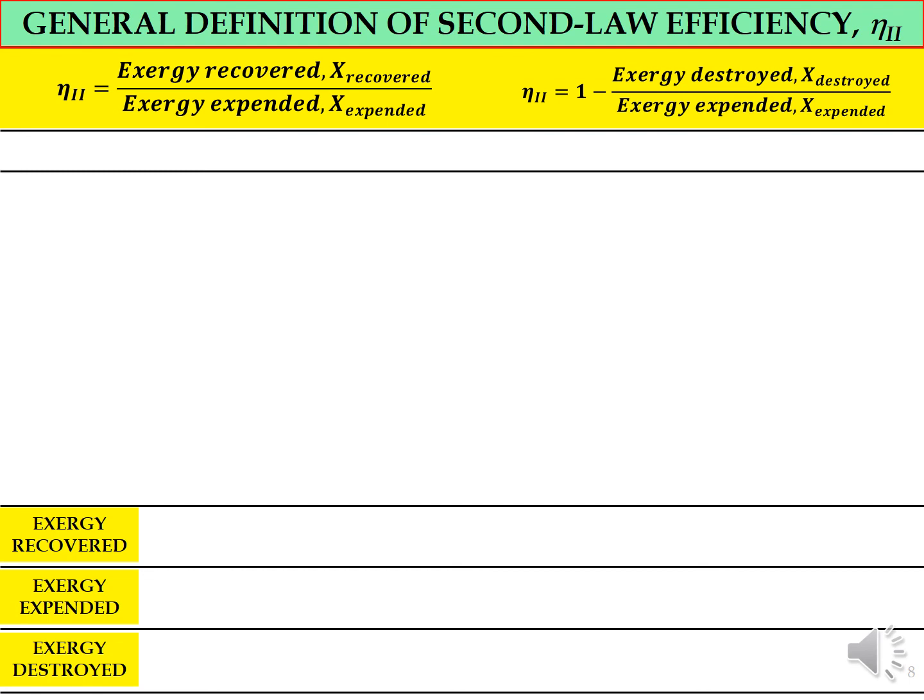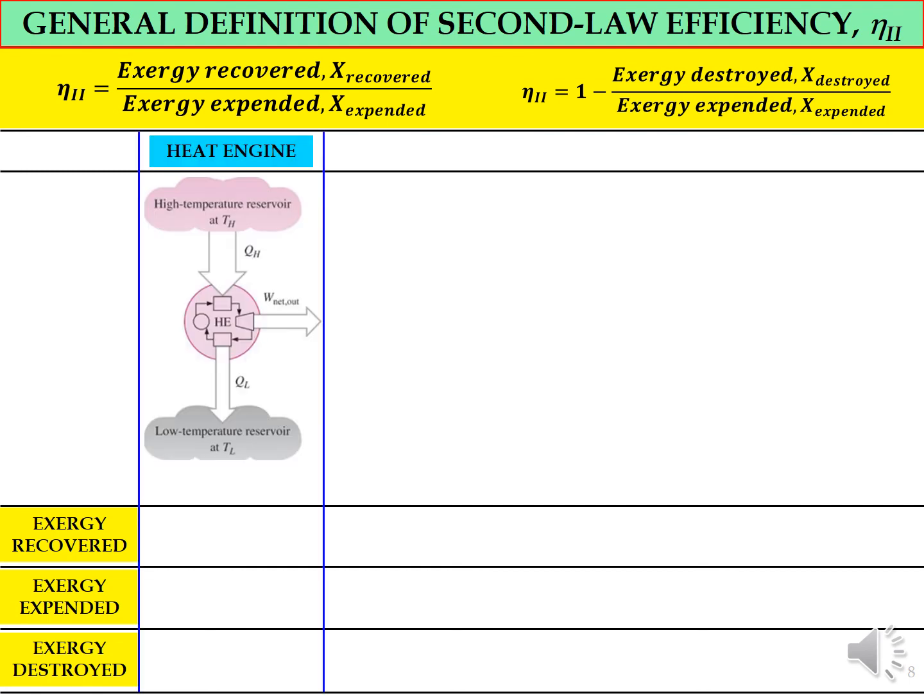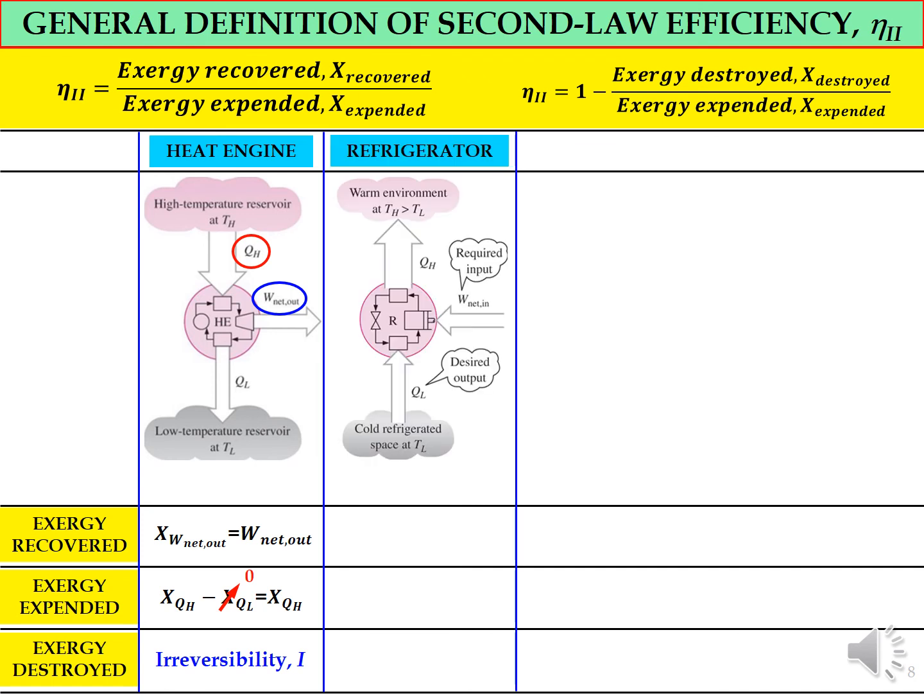So we look into all 4 systems. For the heat engine, exergy recovered is equal to W net out, and exergy expended is QH minus QL, and here QL is 0 so it equals QH, and the irreversibility I is the exergy destroyed. Now we look into the refrigerator.